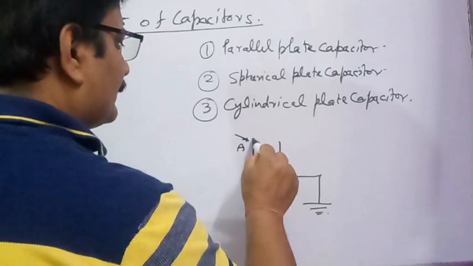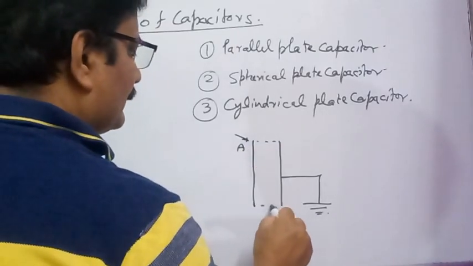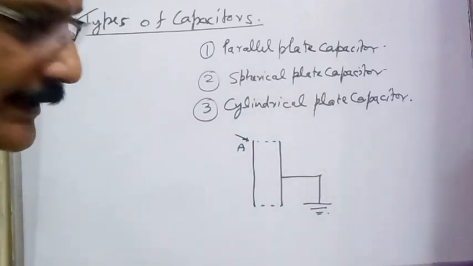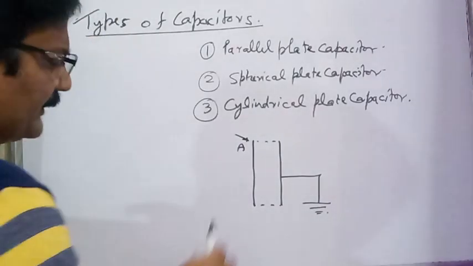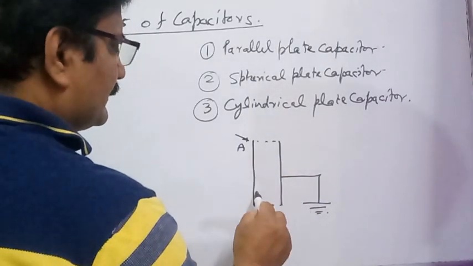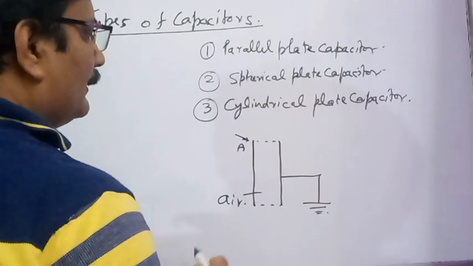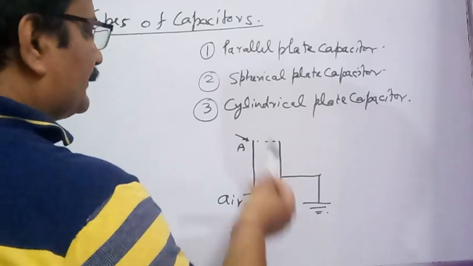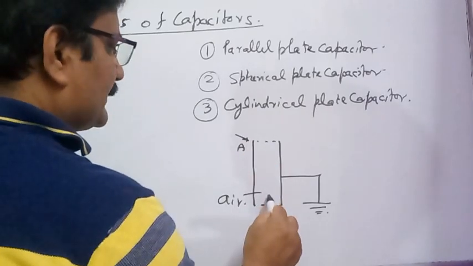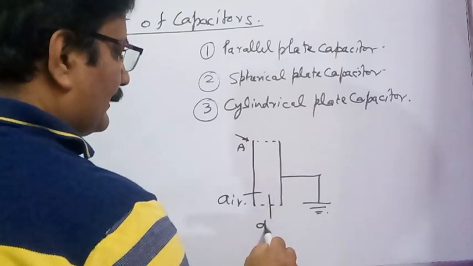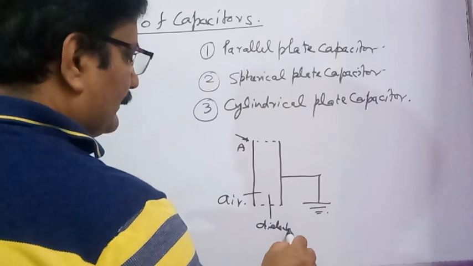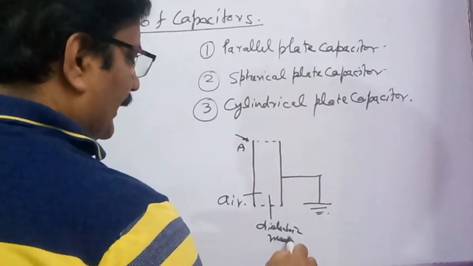So if the space between the plates of the capacitor contains air, or if we want to increase the capacitance further, this space can be filled with a dielectric medium.